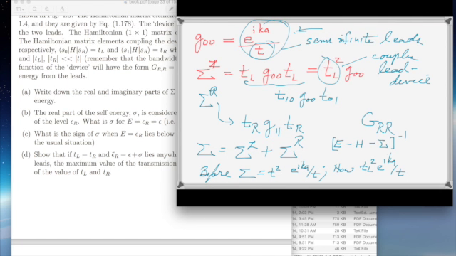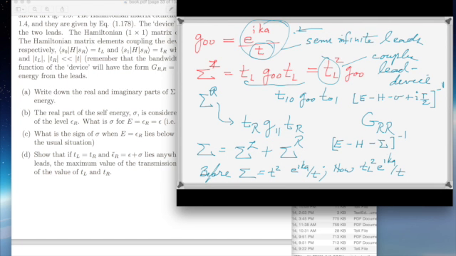If you write the sigma out as real and imaginary parts, the sign of the imaginary part has to be a certain way. E minus H, we would have some real part plus i gamma over 2. So the sign of the imaginary part has got to be positive if you want a retarded Green function.